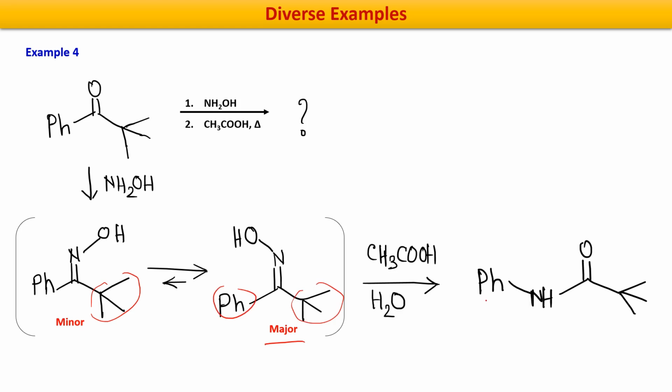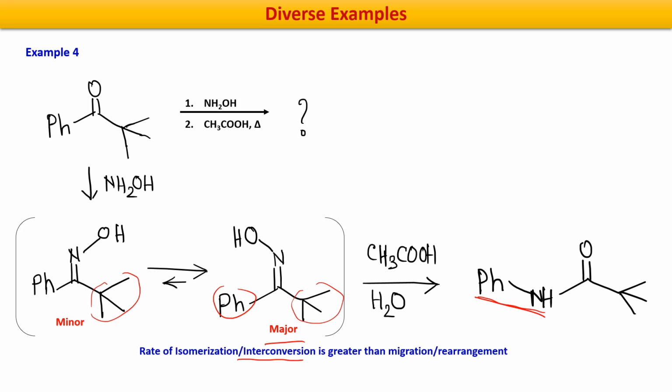And that is why, as Ph is migrating, Ph will be connected to NH. So here we have to keep in mind that the rate of isomerization or interconversion, as we have a protic acid environment, is greater than the migration or rearrangement. And that is why you cannot say whether we should move from the major or minor. There is no such thing. You simply have to rely on the electronic factor.